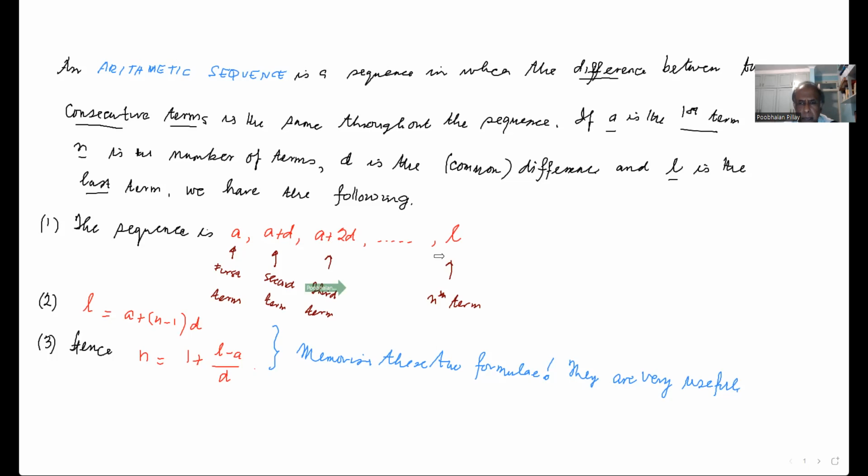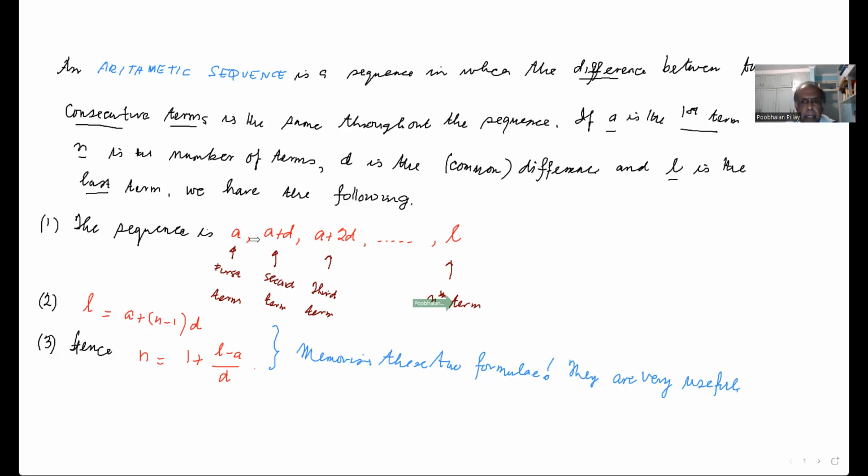So, as you can see, the last term is L. And if the number of terms is n, this is the nth term, right? Because there are n terms altogether, 1, 2, 3, and the last one is the nth term, and we use the symbol L for the last term. And you'll see here that there's a formula for the last term.